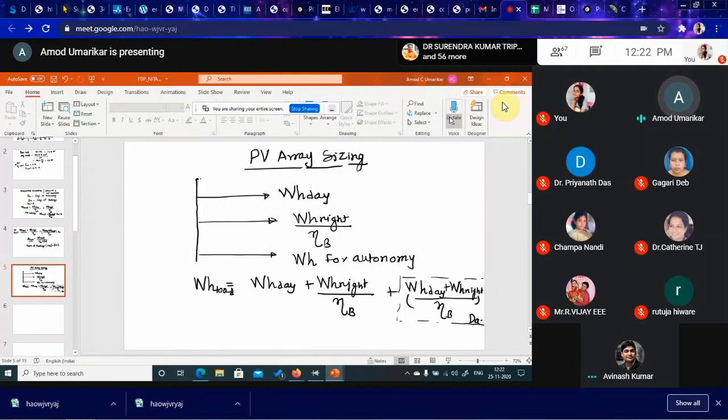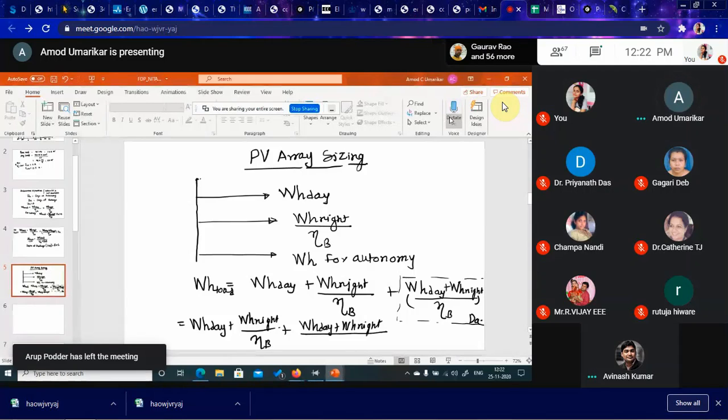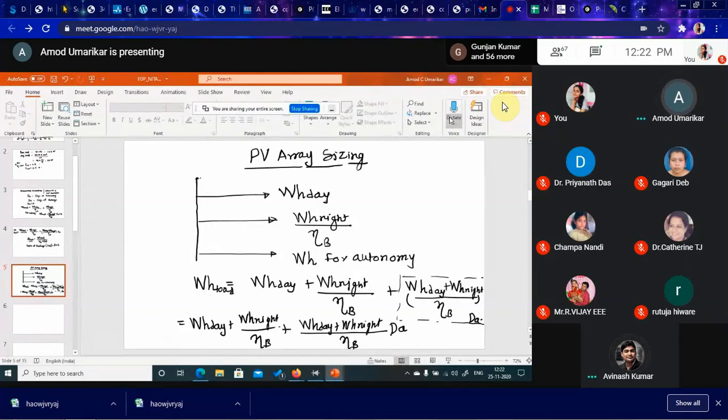Let's say those replenishing charge days are DR. So the total will be (WH day plus WH night) upon eta B plus (WH day plus WH night) upon eta B times DA, and we want to divide this into multiple days, so it will be DR.